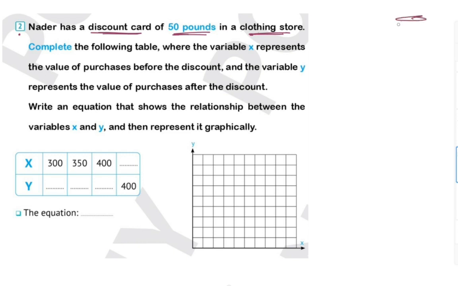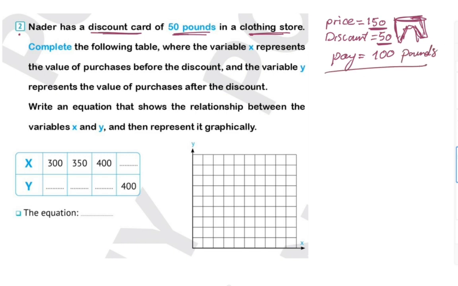If you buy some pants like this and its price is 150, but you have a discount card of 50, you will pay what? You will pay its price? No, you will pay its price minus the discount card. Now you will pay 100 pounds.